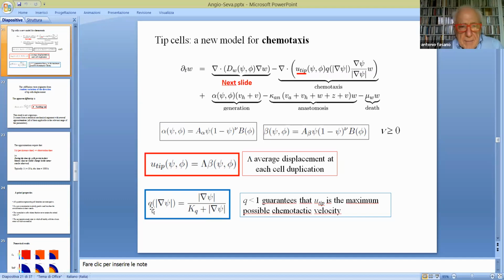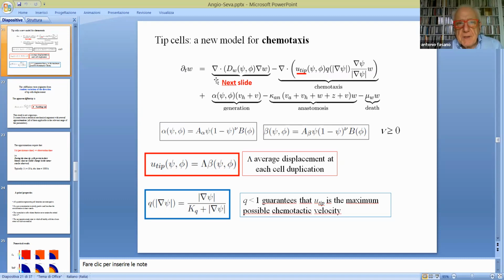And so no matter how large the gradient is, the chemotactic velocity will be limited by this quantity. So we do have a chemotactic displacement, but which is governed just in direction by the gradient of the occupied sites, occupied sensors, but it has to be bounded by construction.